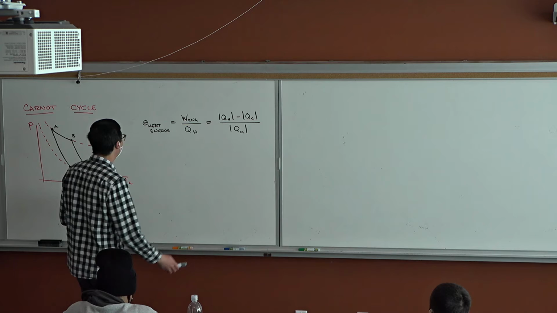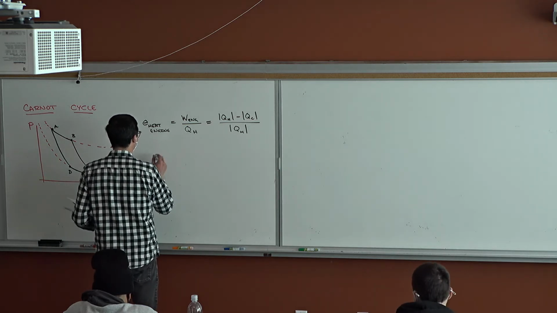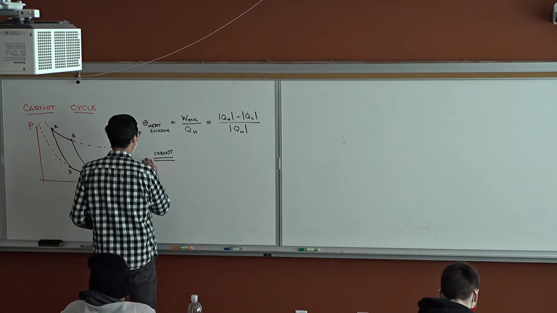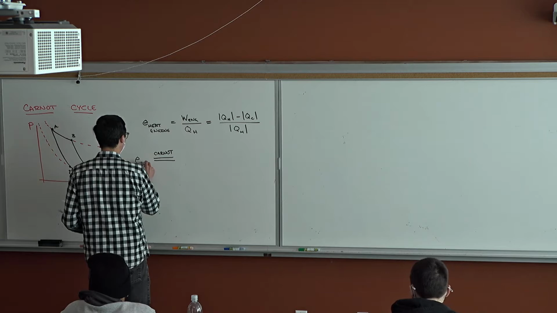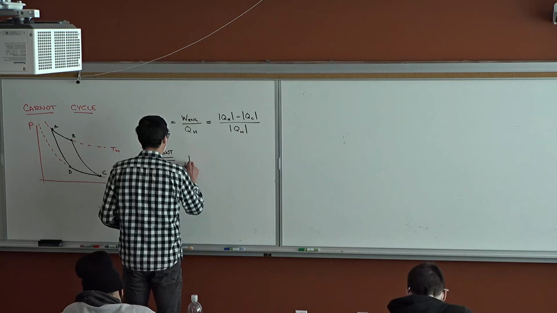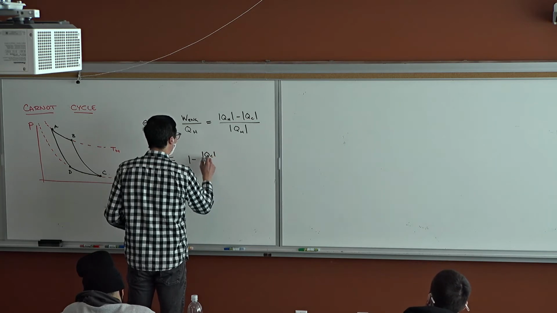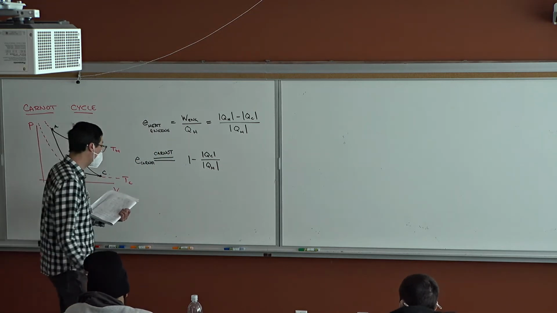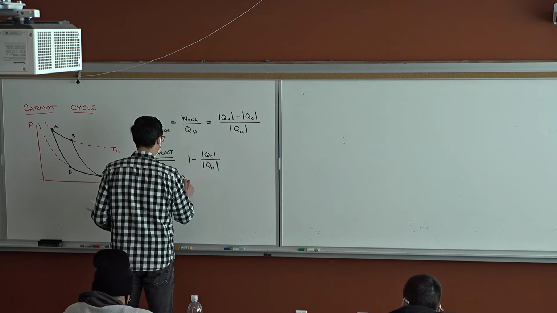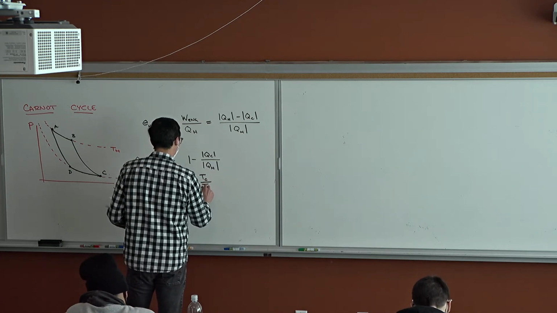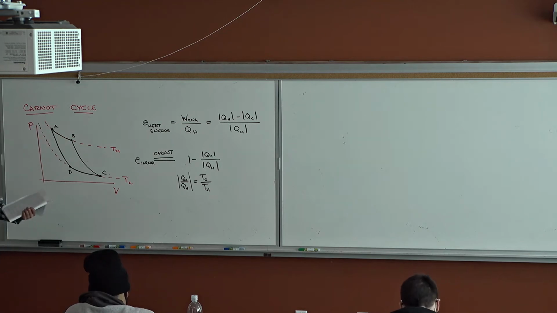For our Carnot cycle, we can even further simplify this as 1 minus QC over QH. And this comes about because QC over QH is the same as TC over TH for our Carnot cycle.